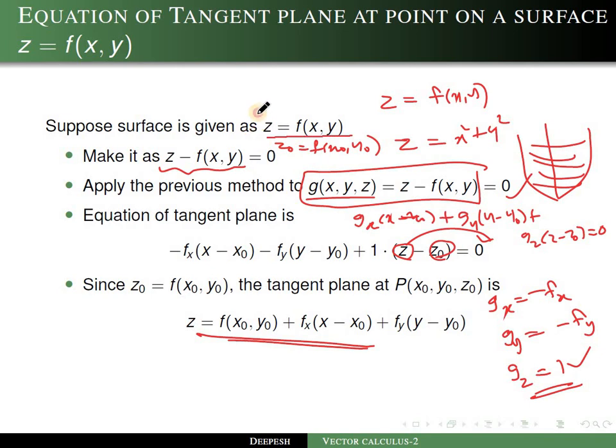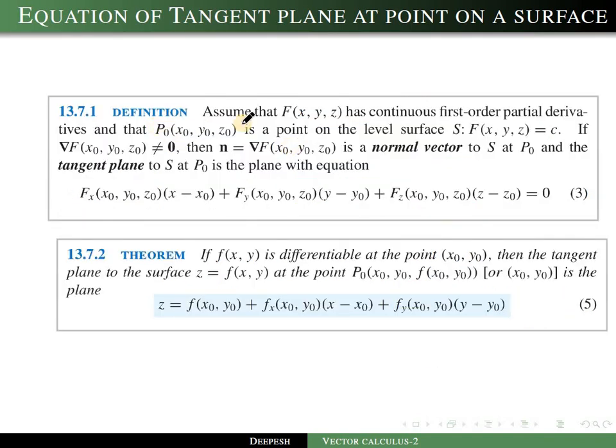If the surface is given by the equation z = f(x, y), then z = f(x0, y0) + f_x(x0, y0)(x − x0) + f_y(x0, y0)(y − y0). So this is the definition of the normal vector: the normal vector is del f, and if the surface is given implicitly, the equation of the tangent plane is f_x(x − x0) + f_y(y − y0) + f_z(z − z0) = 0.